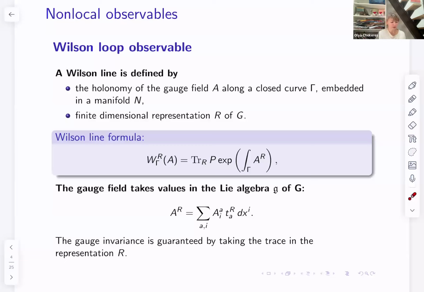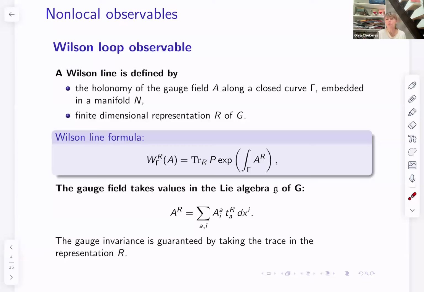So just a small remark. And then we are interested in some gauge invariant quantities which can characterize in some sense the theory. They are called observables, and they can be naturally classified by the dimension.